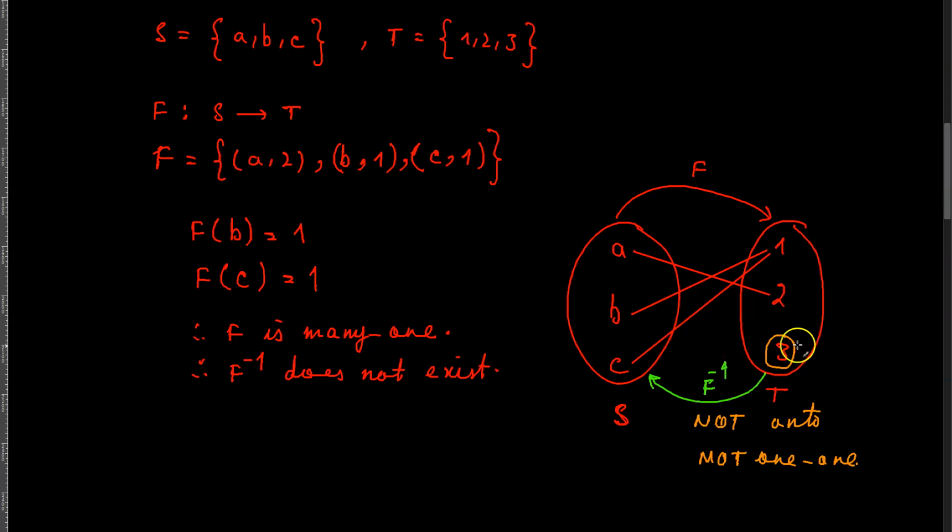Second of all, even if we didn't have the problem of 3 here, we would still have another problem. You see over here, f inverse of 1 is going to give me b, and also f inverse of 1 is equal to c, meaning that again, based on this, I do not know whether to define f inverse of 1 as b or as c, and therefore, since f is many-one, f inverse cannot exist.